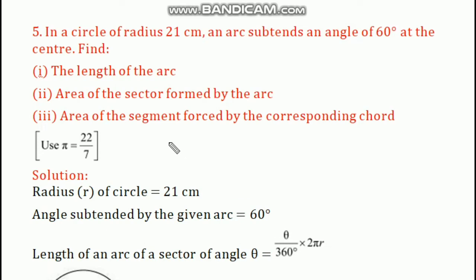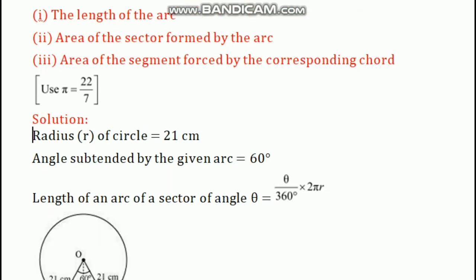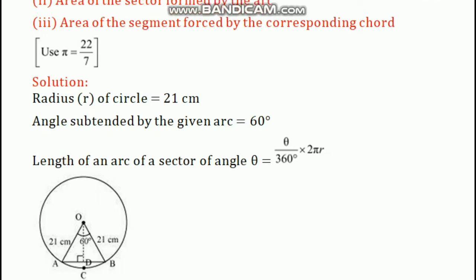We need to find out the area of segment formed by the corresponding chord. This is the subtended angle, 60 degrees, the angle subtended by the arc.